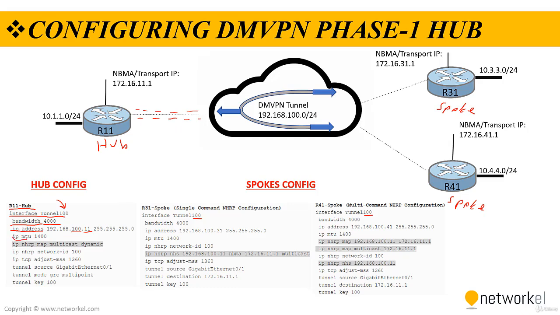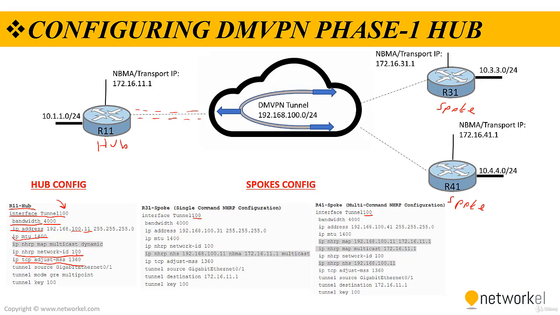Then we are modifying the MTU. We have talked about this one, why we are modifying the MTU and the MSS values in here. Then guys, we can define an NHRP network ID in here, which is set to 100 in this case. So enabling NHRP and uniquely identifying the DMVPN tunnel for the virtual interface is done with the interface parameter command ip nhrp network-id.